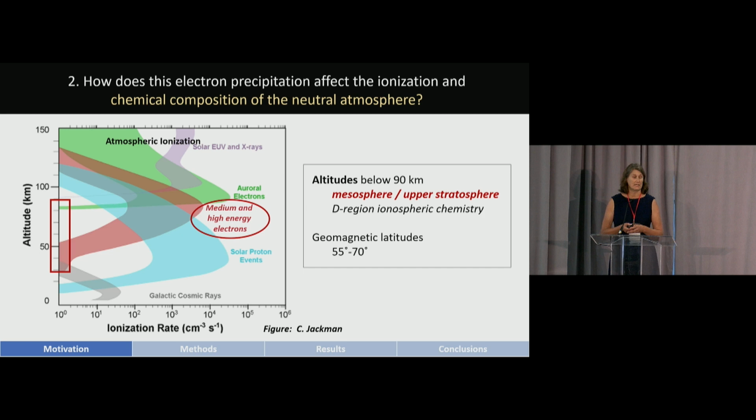We're primarily interested in altitudes below 90 kilometers, so that's the mesosphere and the upper stratosphere, involving D region ionospheric chemistry, at geomagnetic latitudes of about 55 to 70 degrees.